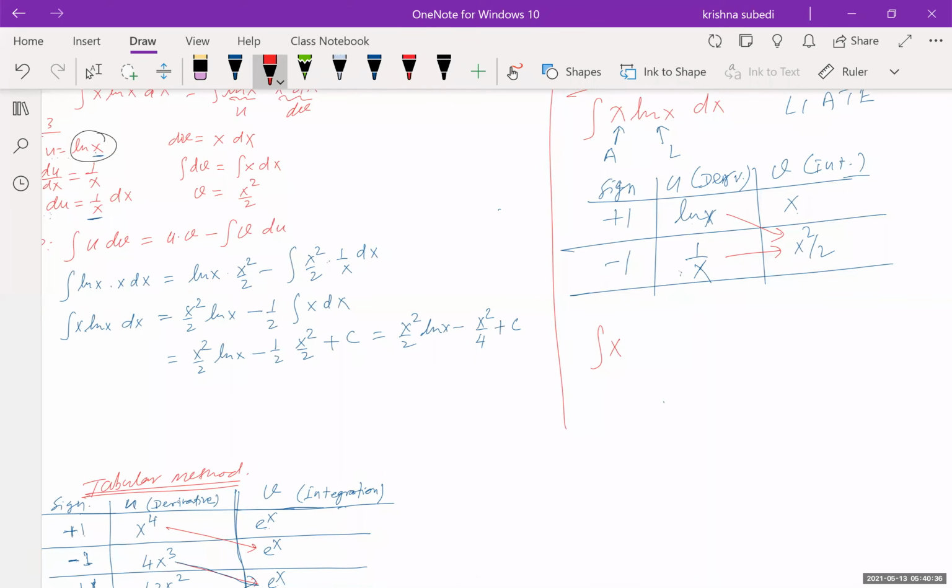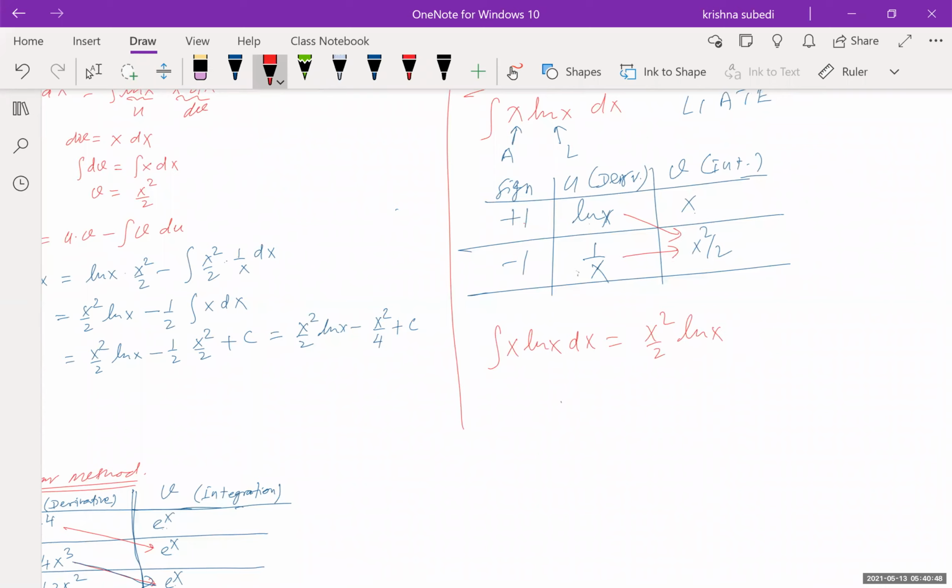So your integration of x ln x dx is going to be, the first one is x squared over 2 ln x. Positive ln x times x squared over 2 is this. Now -1, so negative. Remember, I told you that the last term will always come with the integration sign. But in the previous example, there was 0, so I didn't write the integration sign, but keep in mind. So this one is 1 over x times x squared over 2 dx.